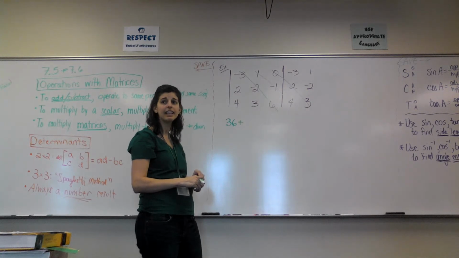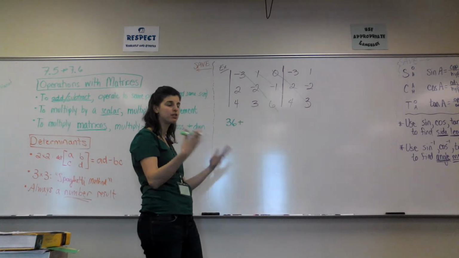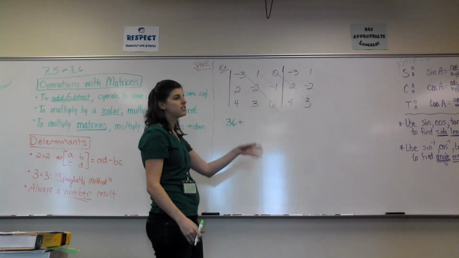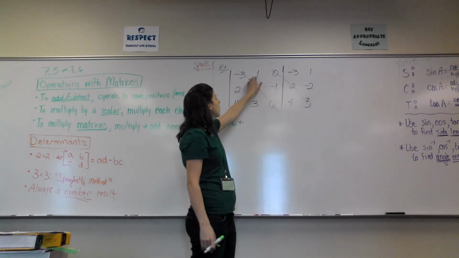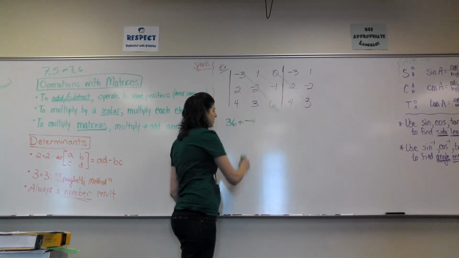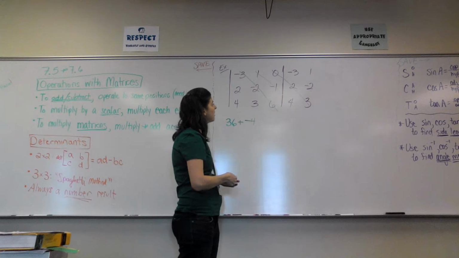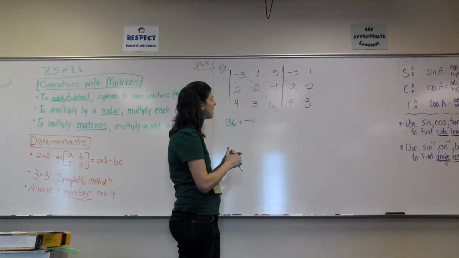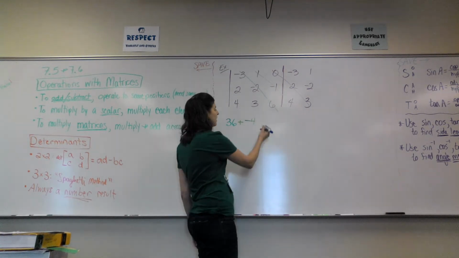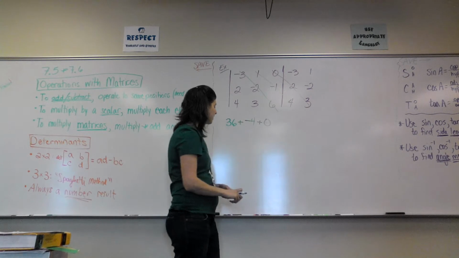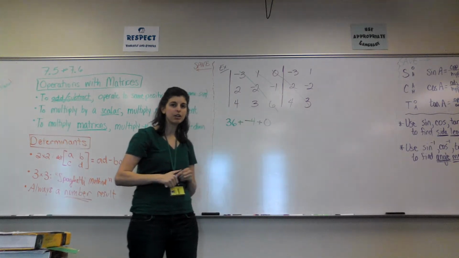That way I don't drop negatives and get confused. 1 times -1 times 4 gives me -4. That's correct. And then the last diagonal in the positive direction, I get 0 times 2 times 3, so plus 0.